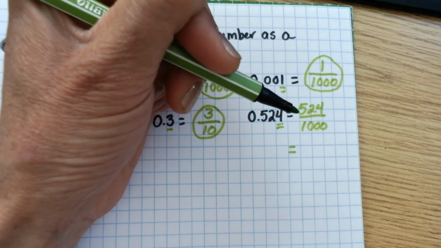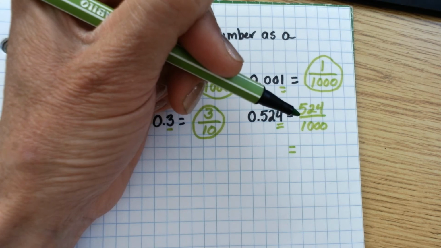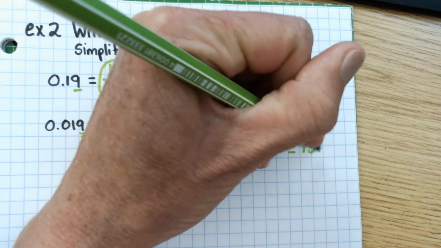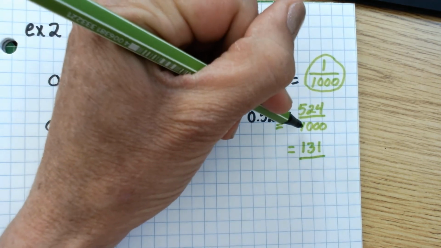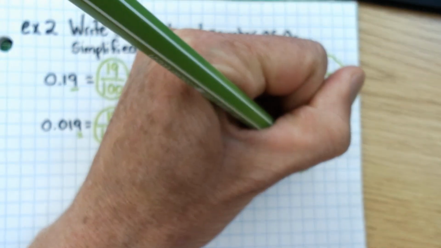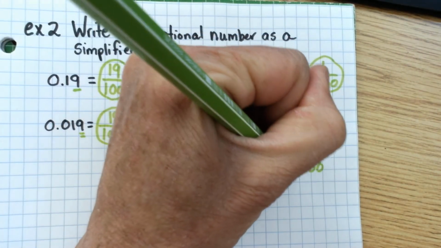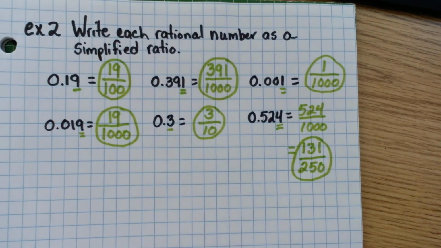So 524 divided by 4 is 131, and 1,000 divided by 4 is 250. And I believe that is as simplified as we can write that ratio.